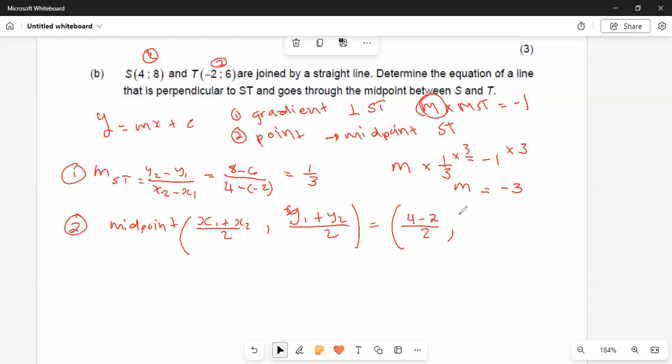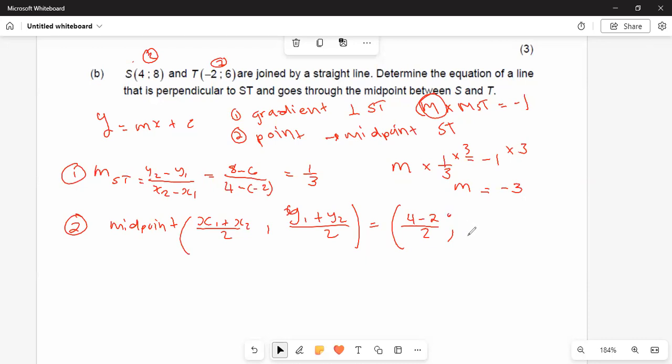And either way you do it, you're going to get the same answer. In this case, I chose my point 1 as S, but you can do it also the other way around. I'll just show you in a minute, and you should get also the same answer.